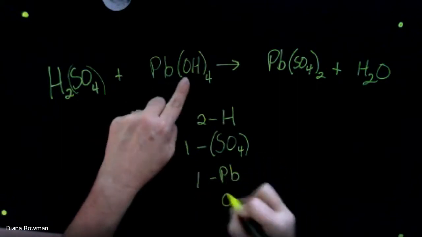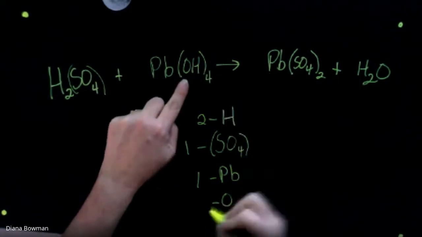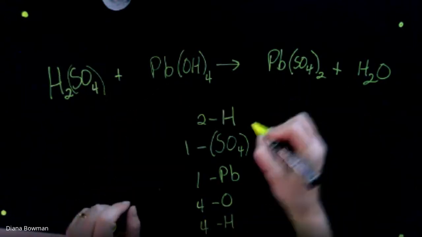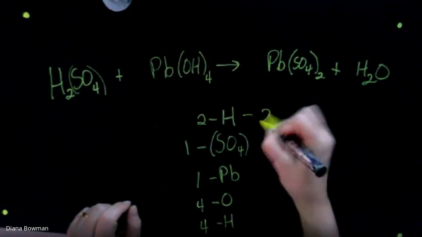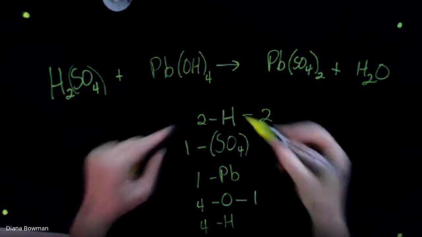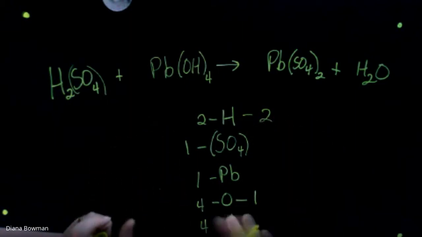I've got oxygen, 4 of those because it's 4 times this quantity. And then hydrogen, I have 4 of those. Over here, we've got 2 hydrogens. We have 1 oxygen. Oh, I've got hydrogen in both places.